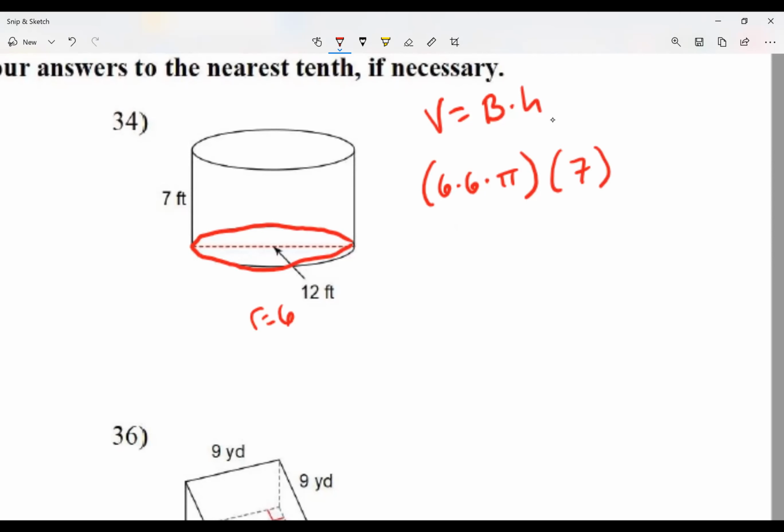I have a calculator, so I'm going to go 6 squared times 3.14 times 7. I get 791.28. But my answer should only have one decimal place. The second decimal is big enough, right? Big enough is 5 or more. So that 8 pushes the 2 up. So my answer will be 791.3.